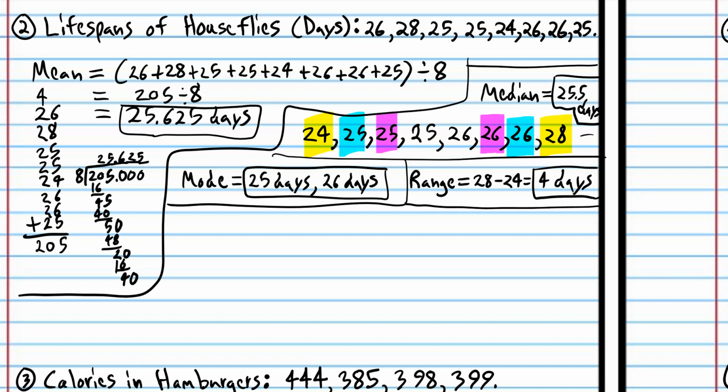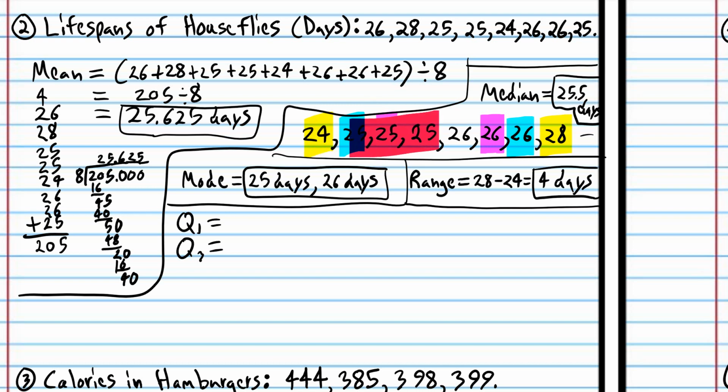Now we have to find the inner quartile range. To do that, we have to find Q1 and Q3. Q1 is the median of the first half of the data. So the median is the middle number. But as you can see, because we have an even number of numbers, there is no middle number of the first half.